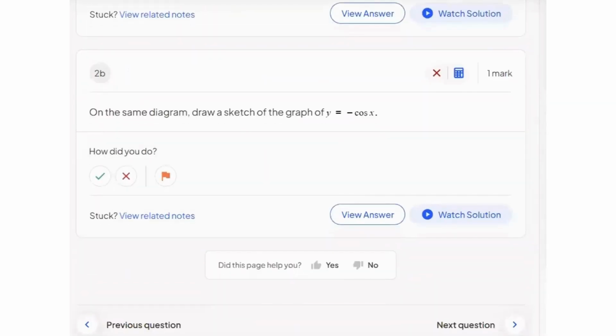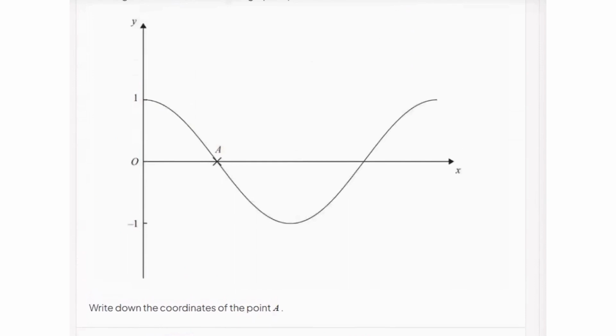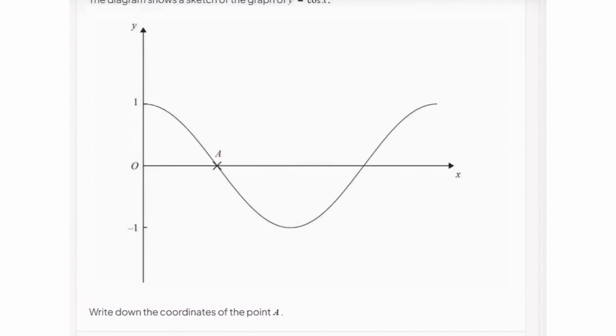Then part B says on the same diagram, draw a sketch of the graph of y equals negative cos x. As we discussed earlier, when your entire function is being made negative, we reflect the function in the x-axis. So it's going to be the opposite now. Your graph is going to look something like this.